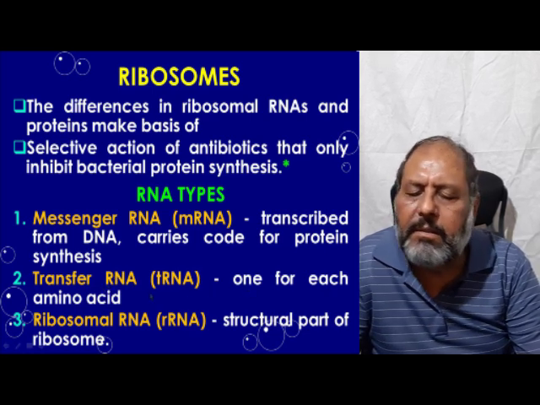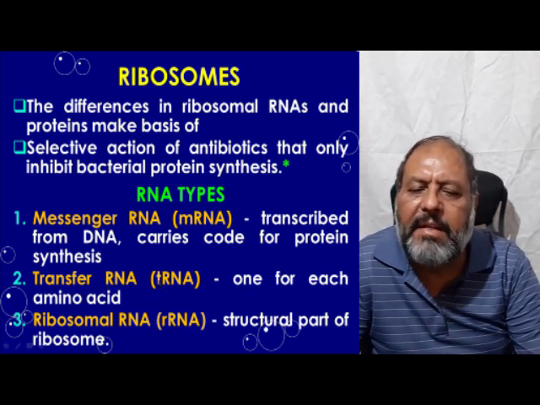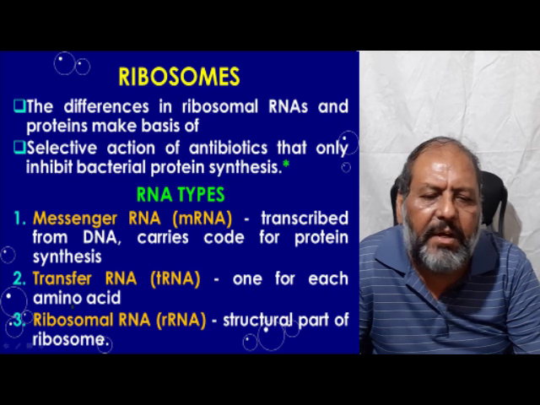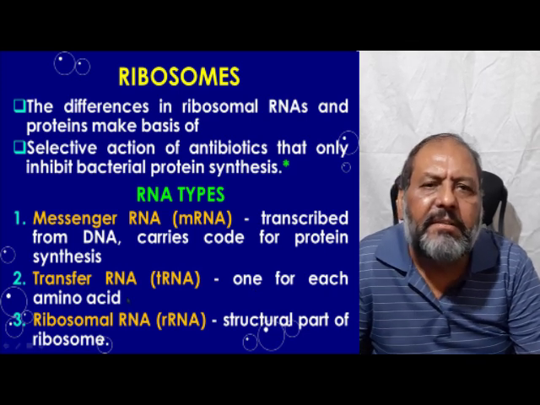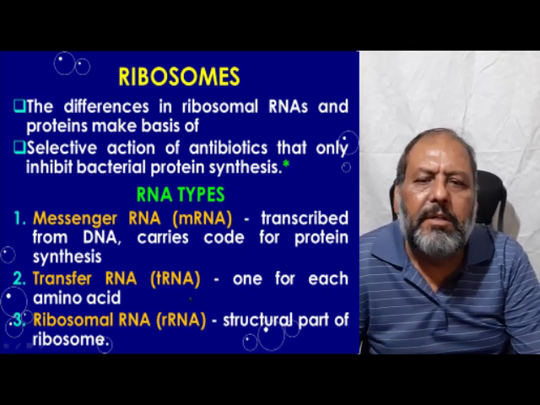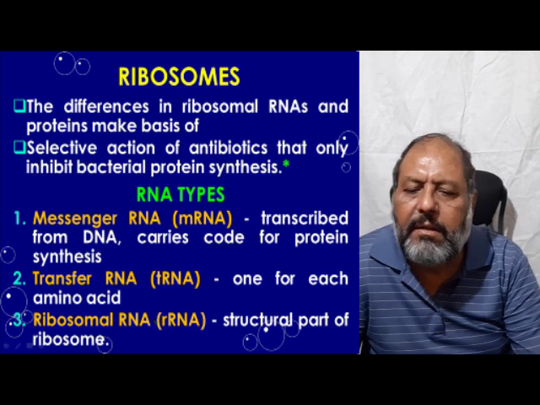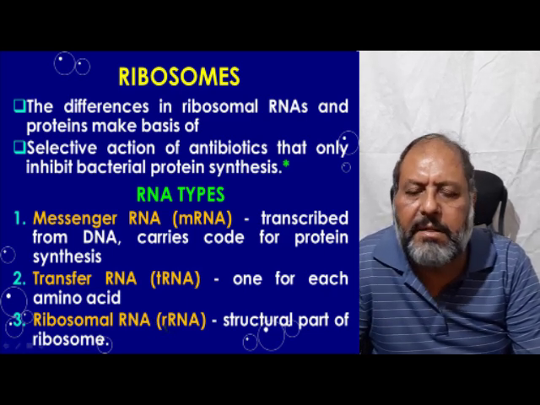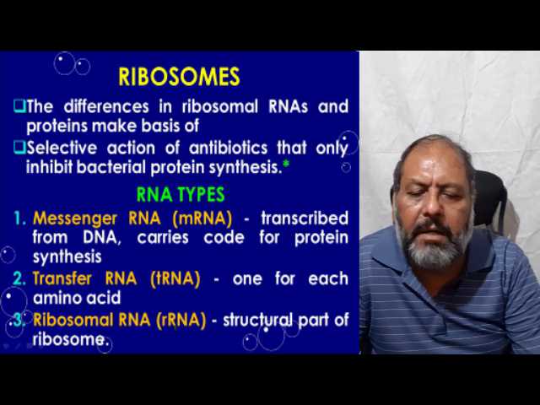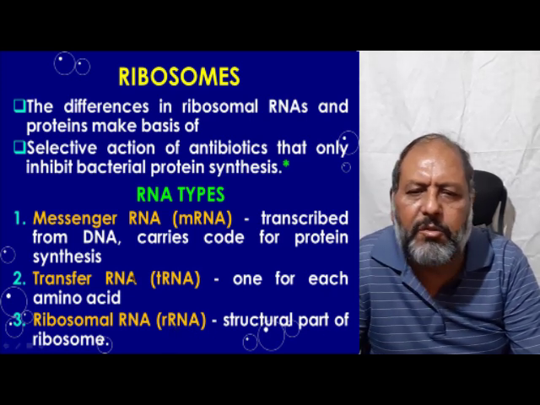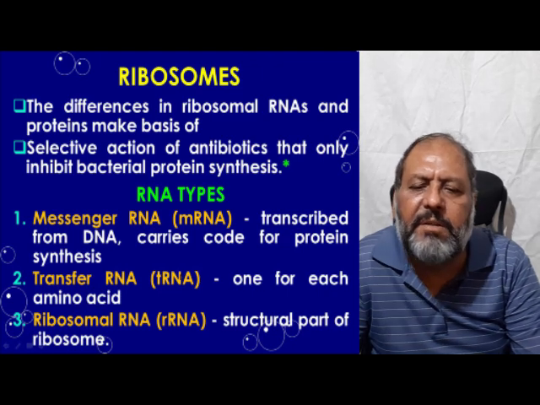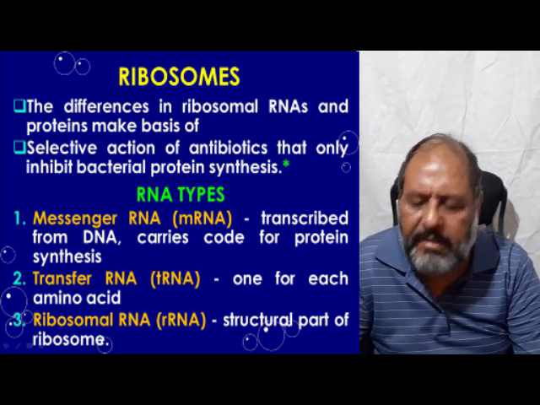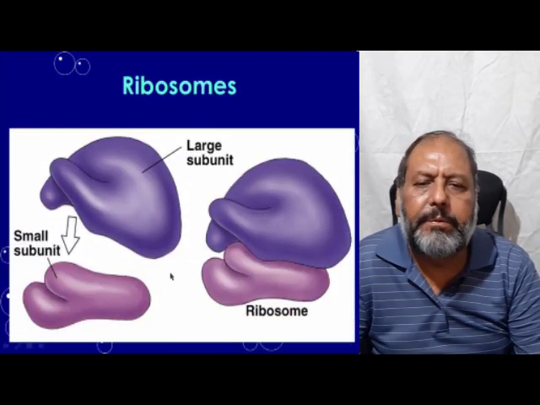Then transfer RNA, that is small tRNA, one for each amino acid that is being used to make the protein. Then ribosomal RNA, which is written as small r and capital RNA, that is the structural part of the ribosome. So all these collectively take part in the formation of protein.